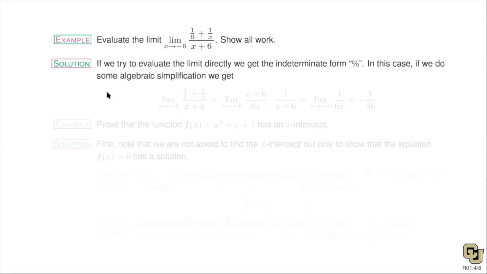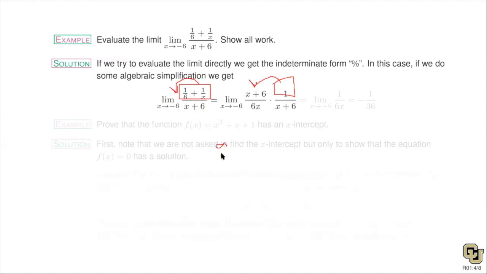So here's my limit. I added the two terms in the numerator, and then I factored out the x plus 6. So here's the x plus 6, and I just pulled the x plus 6 out in front. So the x plus 6 was up here, and then I just factored it out and pulled it out in front.